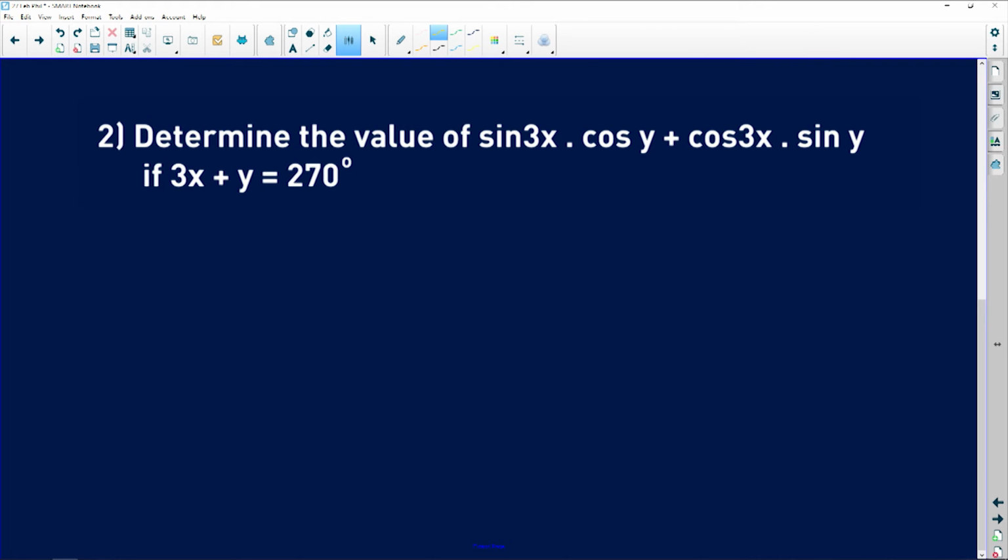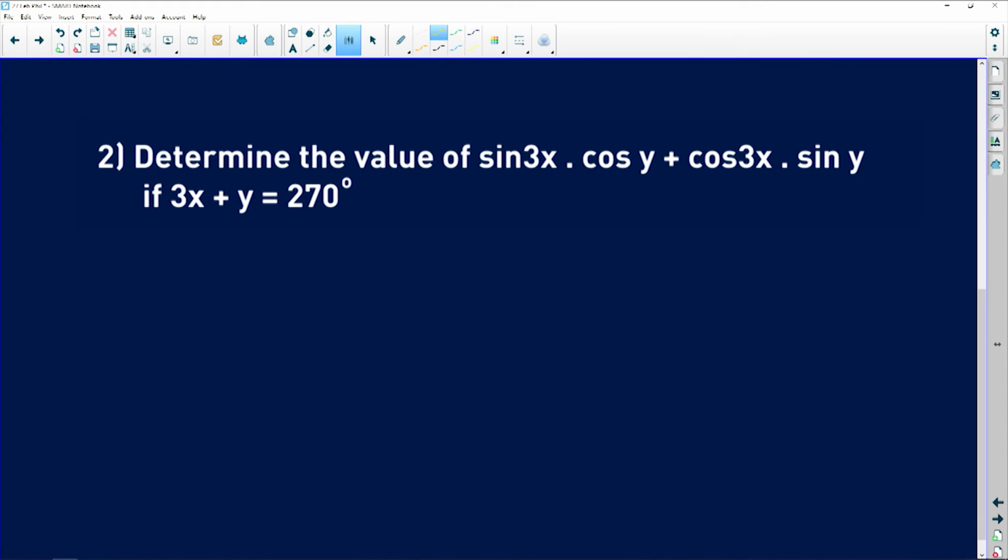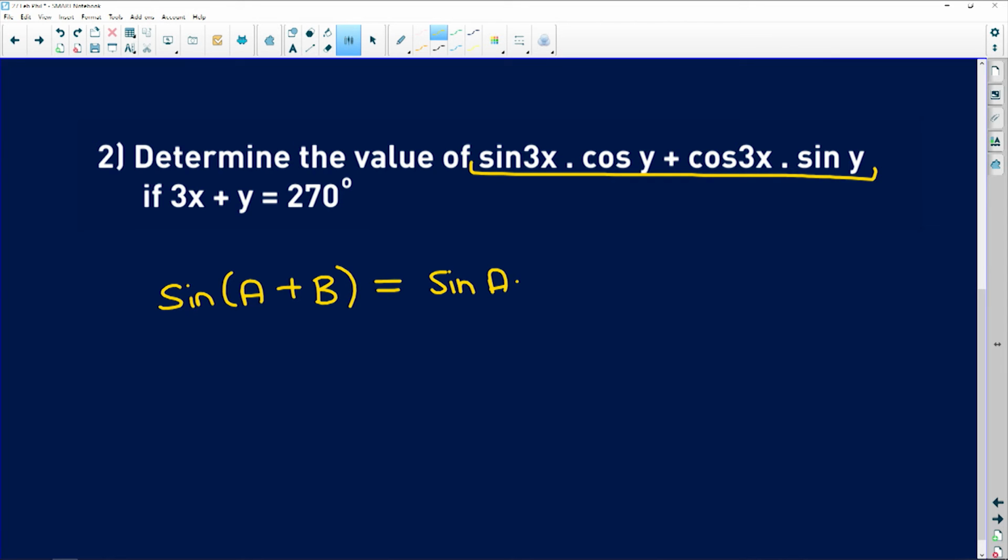Next part looks quite daunting, but is actually quite simple. It says determine the value of this whole expression, sine of 3x times cos of y plus cos of 3x times sine of y. Okay, on your formula sheet you will get something that looks like this. Sine of a plus b is equal to sine of a times cos of b plus cos of a times sine of b.